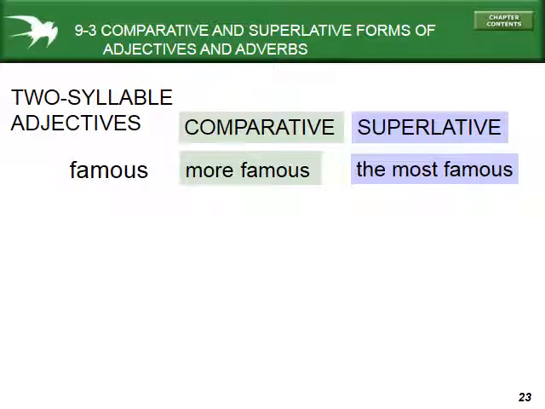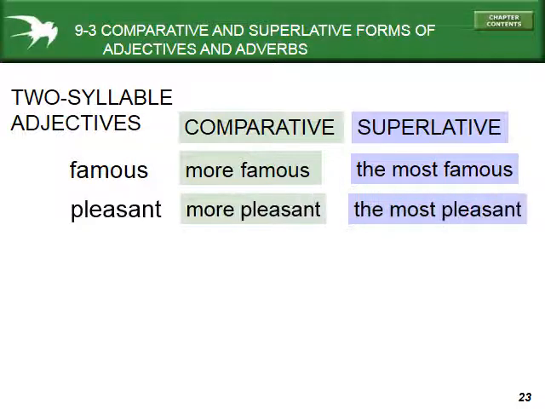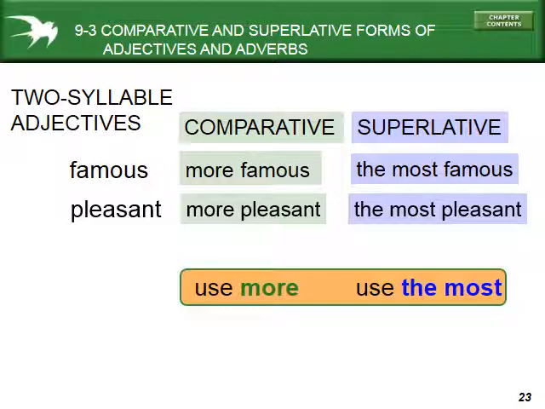Now, when we get into two syllables, we actually have a little bit of variety. For most two-syllable words, right, we're just going to add more or the most. Okay, so famous has two syllables, and we'll say more famous, the most famous. Here's another example. Pleasant, more pleasant, the most pleasant. Okay, this is for the majority of two-syllable words.